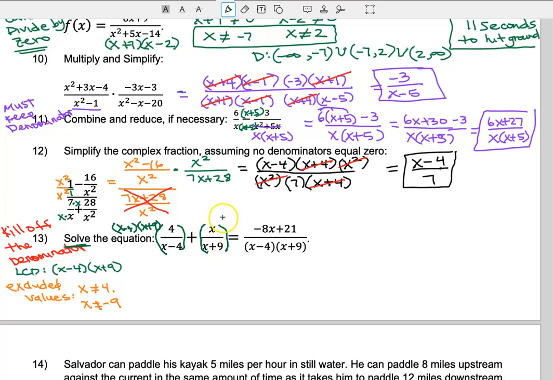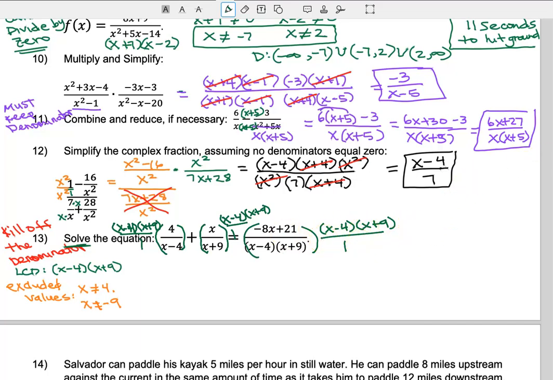So this needs to be multiplied by (x minus 4) times (x plus 9). And then same thing on this last one, (x minus 4) times (x plus 9). These are all over 1, so if it's easier for you to think of this with that fraction, that'll be good.